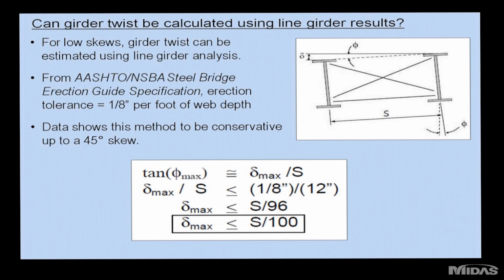So if we go from that tolerance and assume that the two girders rotate as a unit, you can derive a relationship of a deflection equal to the girder spacing divided by 100 approximately corresponds to that 1/8 inch per foot. So the rule of thumb established was if your differential deflections are less than girder spacing divided by 100, then twist will be within tolerance.